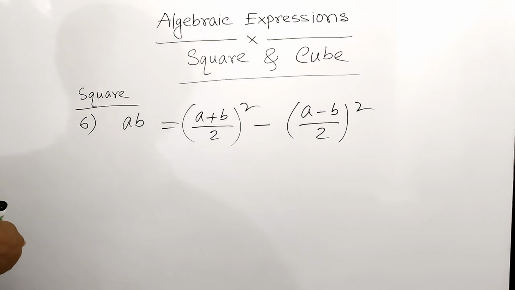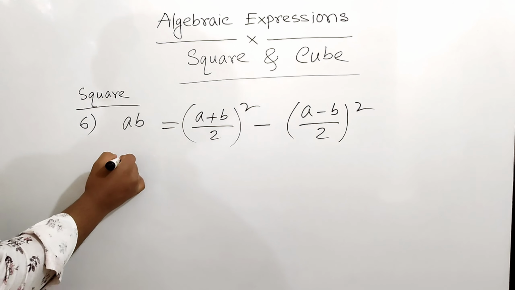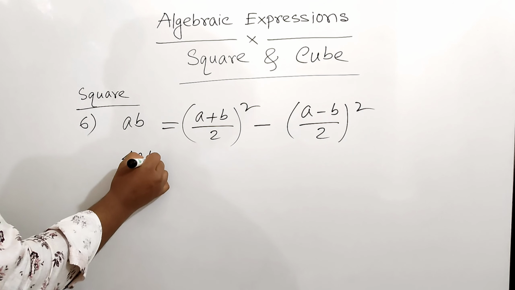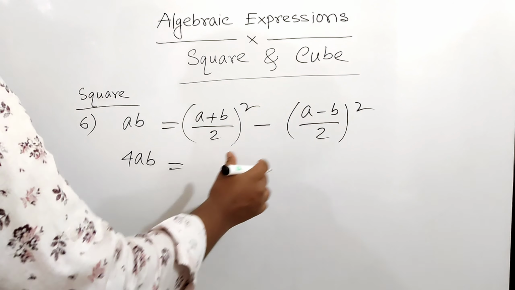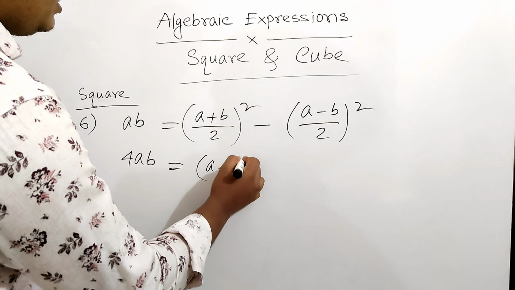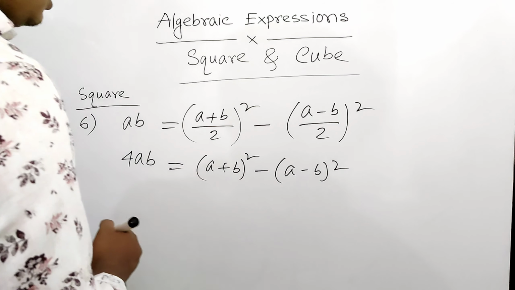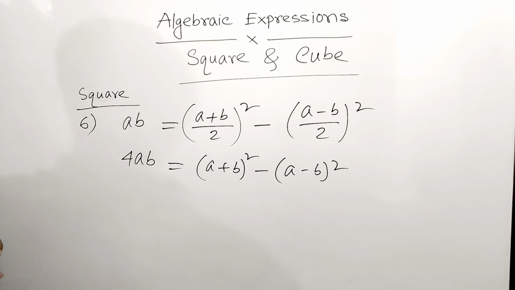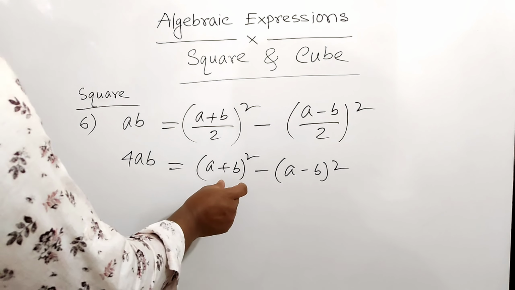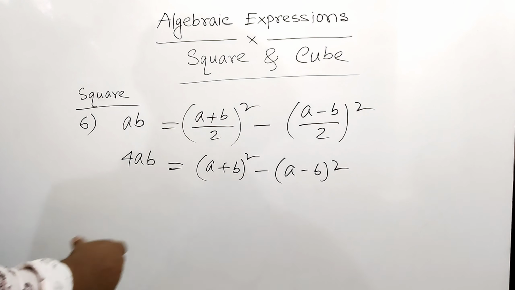This formula is so important, and from this expression we can derive another formula, that is 4ab. If you do some simplification here, then you will get 4ab equals a plus b whole square minus a minus b whole square. That means when you find the value of the given expression, and if two pieces of information are given, that is a plus b and a minus b, then you can use this formula.